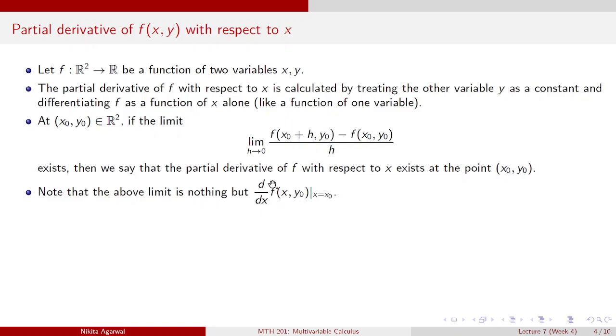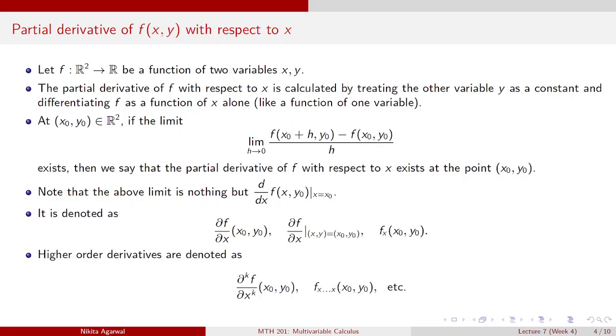You differentiate with respect to x and you evaluate at x equal to x naught. This is basically the definition that we saw on the previous slide. So the partial derivative with respect to x at the point x naught, y naught is nothing but the derivative in the one variable case with respect to x, by putting the other variable equal to its fixed value.